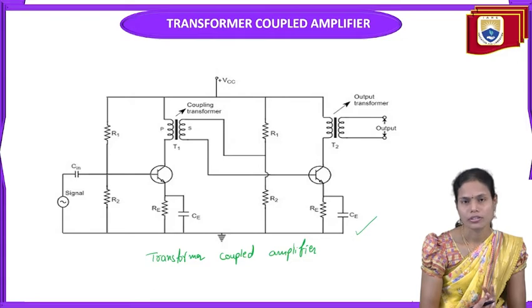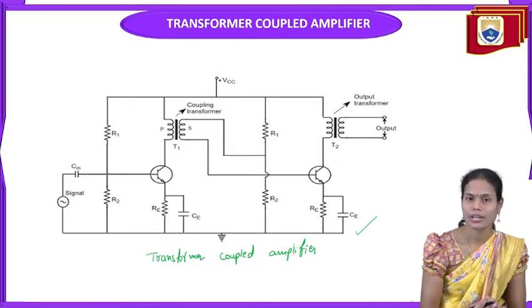Along with that, we need to provide proper biasing for the transistor, and also the proper operating point. Once we fix the proper operating point, the amplifier can provide a faithful amplified signal across the output.